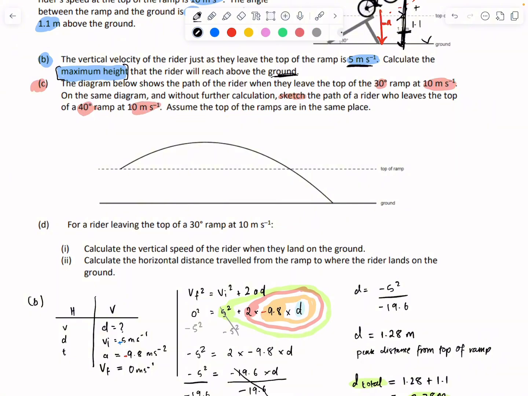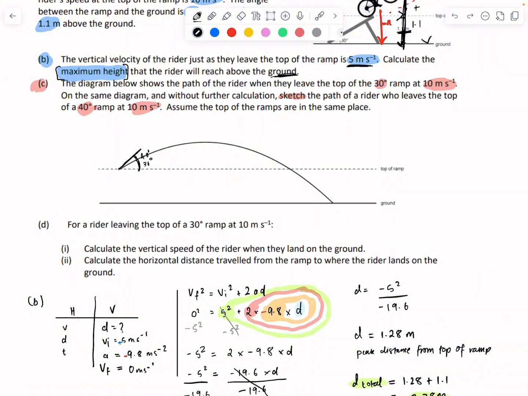So at the moment, this is at 30, okay, and we want to show what the projectile will look like at 40 degrees, okay? So at 40 degrees, it's actually going to end up further, okay?